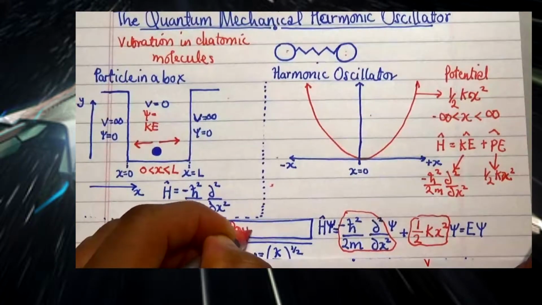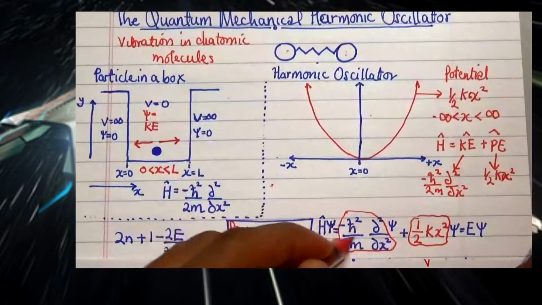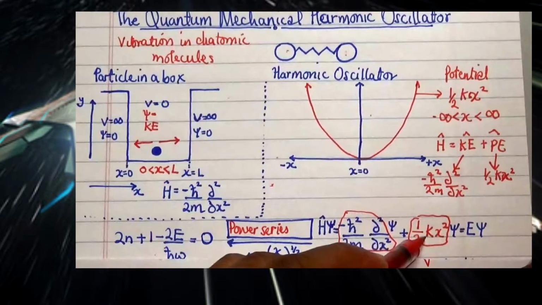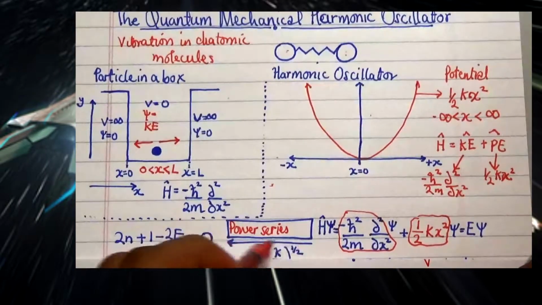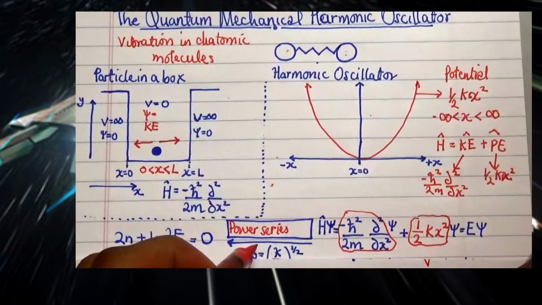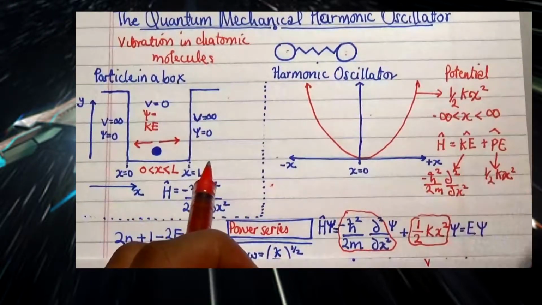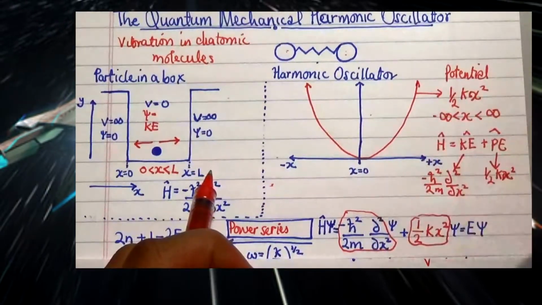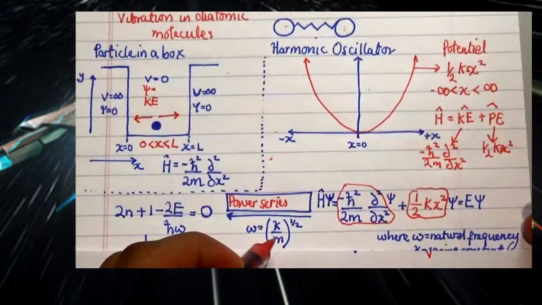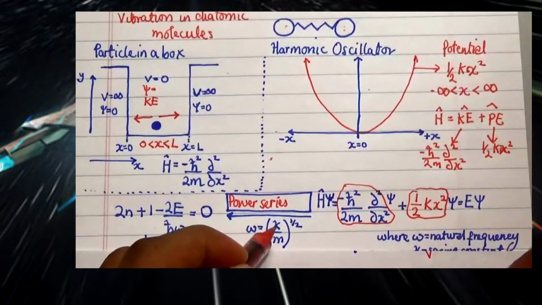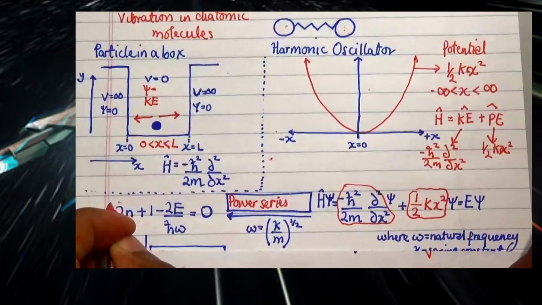The power series is applied to this equation in such a way that we move E to the other side so that the right side becomes 0, and then we perform our power series where we make y the subject of the formula, and then we do various derivatives and make our natural frequency equal to this. Then we arrive at this formula over here.